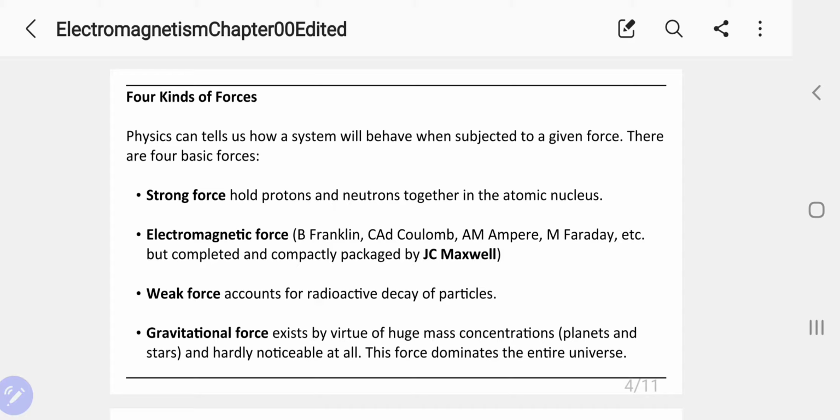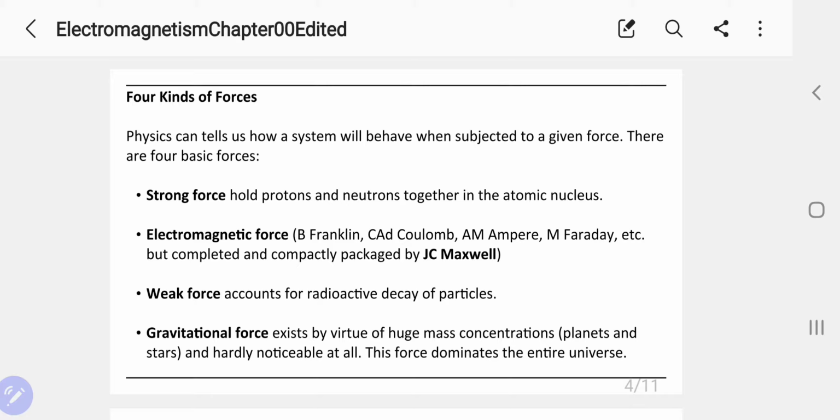Electromagnetic force is second in order. It is very strong, but second to the strong force. Examples of these are the force between two charges, for example, or friction and normal force.